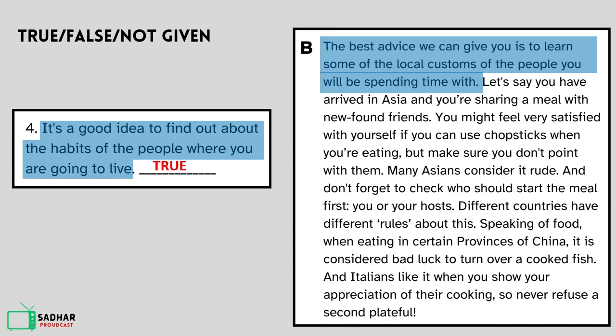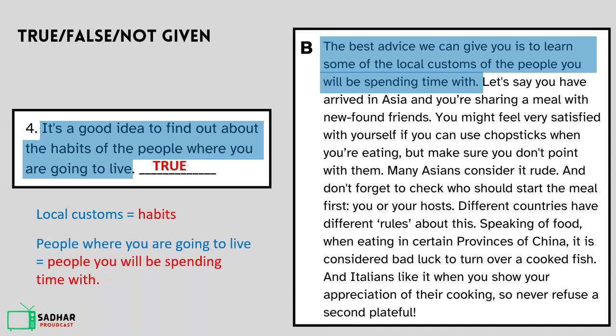And the answer is true. And this is the reason or the explanation. Local customs is the same as habits. People where you are going to live is the same as people you will be spending time with. That's why the answer is true.